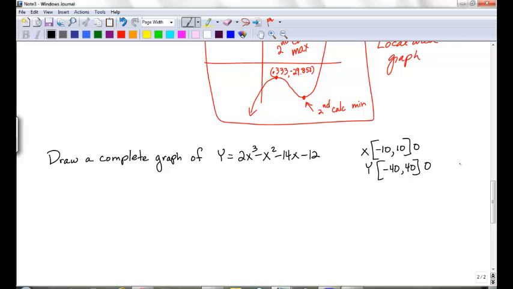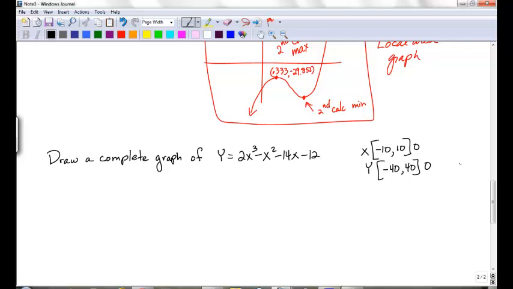Y equals 2x to the third minus x squared minus 14x minus 12. Take a minute, double check your equation. Okay, and then let's put in the window. Negative 10 for the x min, 10, scale 0, negative 40, 40, scale 0, graph it.